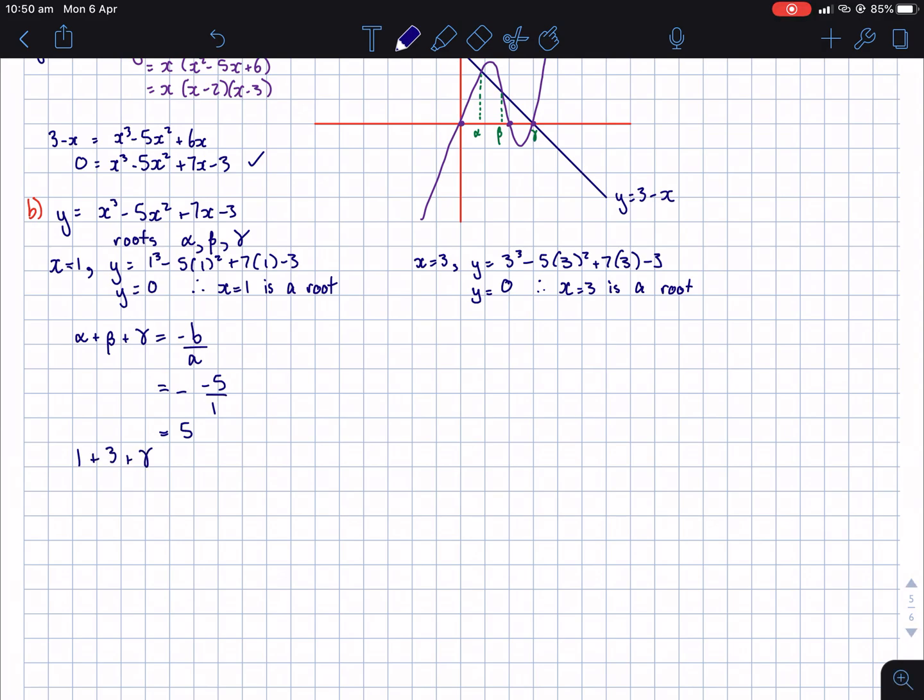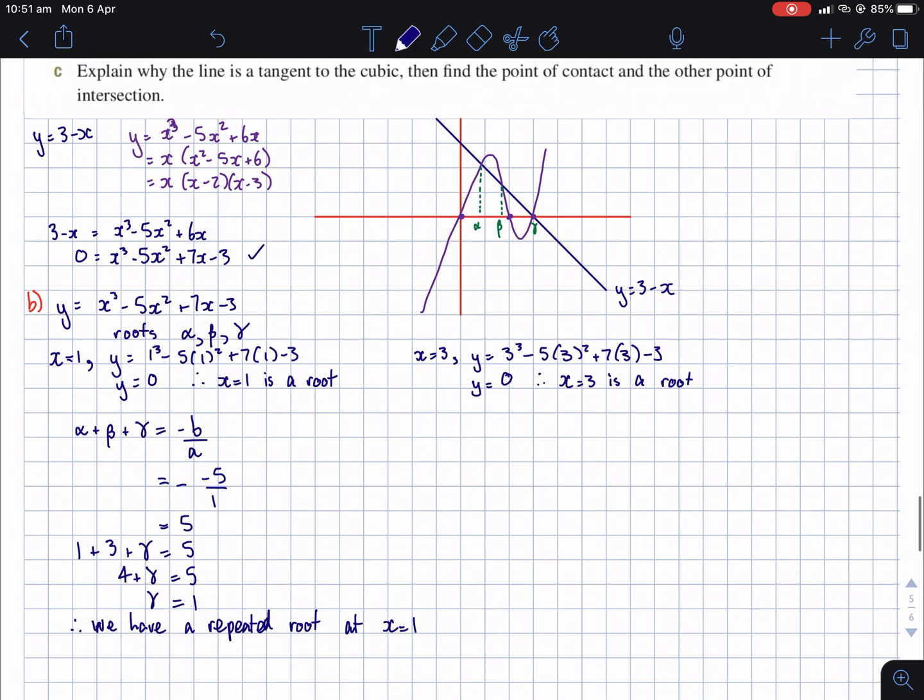We just need gamma now. So 4 plus gamma equals 5, so gamma equals 1. Ooh, we have a repeated root at x equals 1. Very cool. I like that.